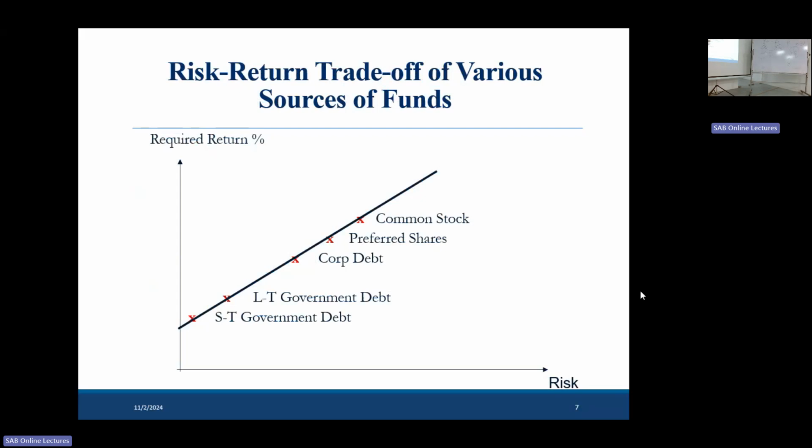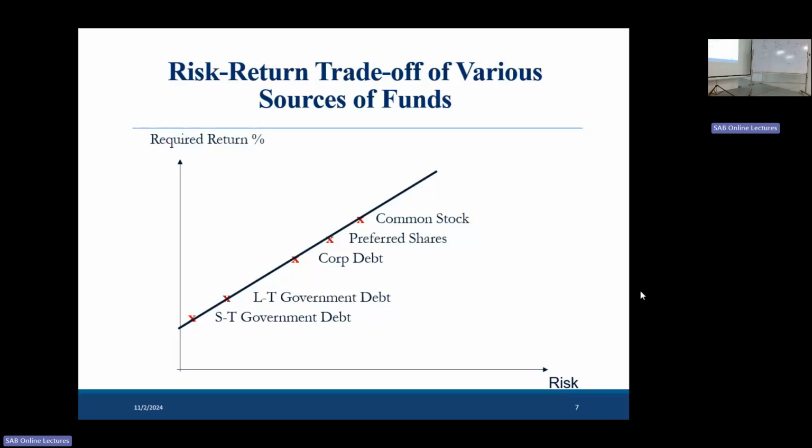Finally, ordinary shares. So compared to the debenture holders or bond holders, is the risk of preferred stock holders high or low? High. So its risk is high and the required rate of return is also high.